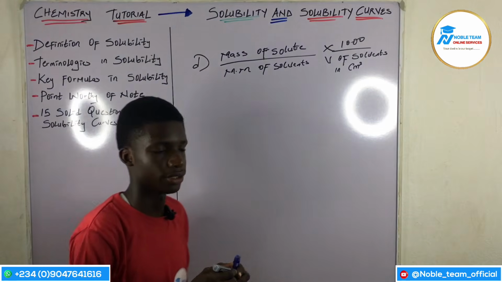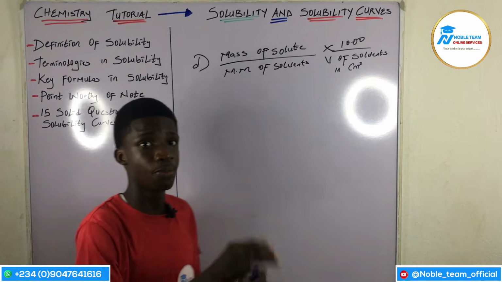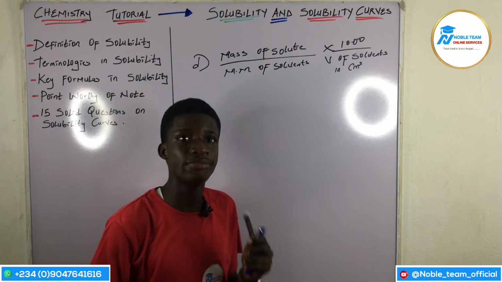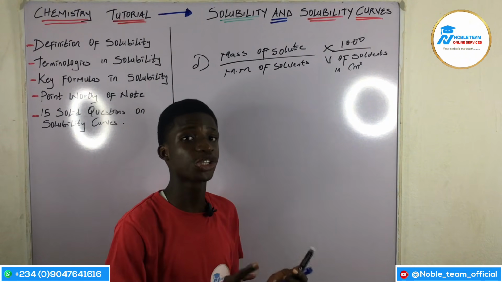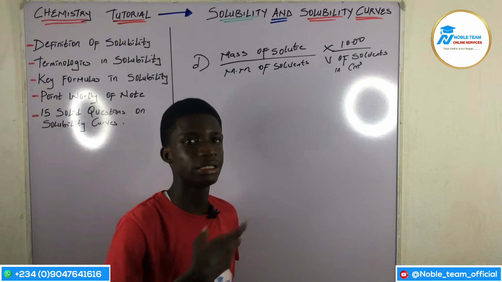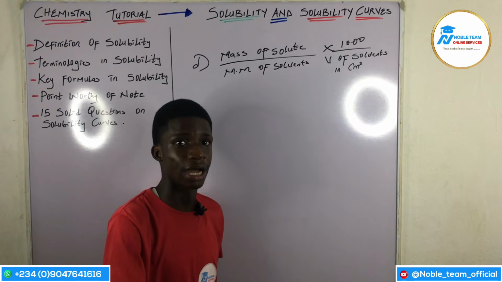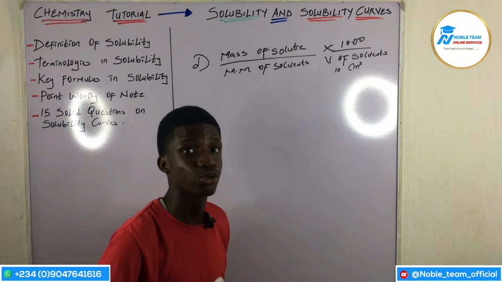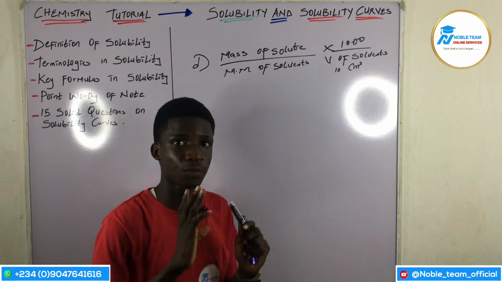Now take note that in this particular solubility, your volume must be in centimeter cube. Imagine in a question you are given something in decimeter, which is dm cube. You are going to convert it to centimeter cube. That is what I'm trying to explain.